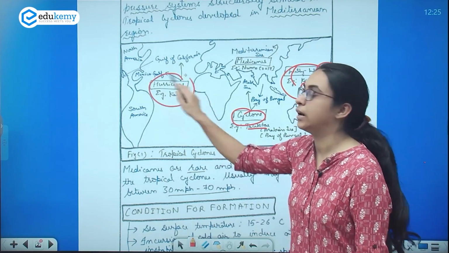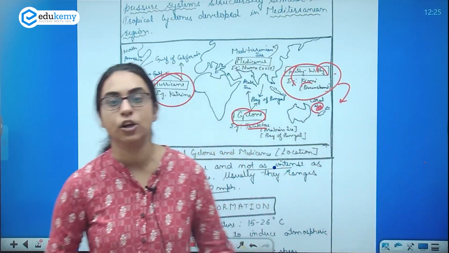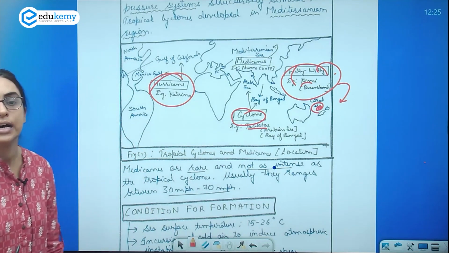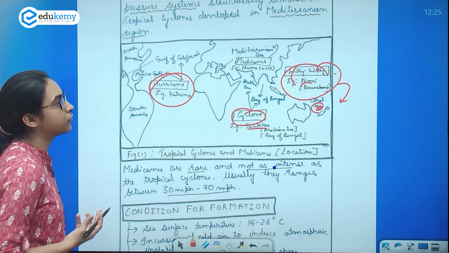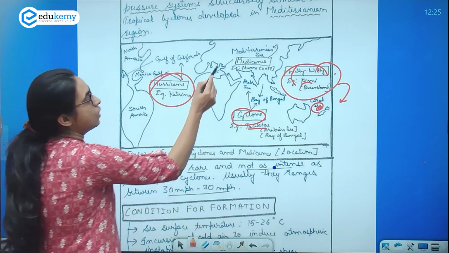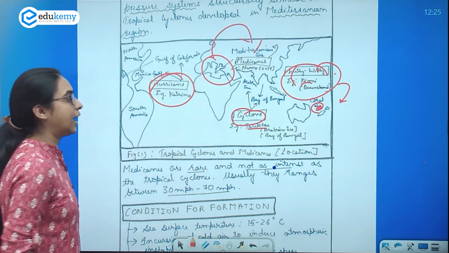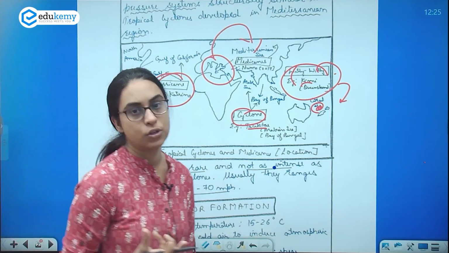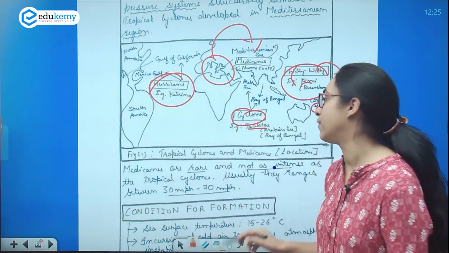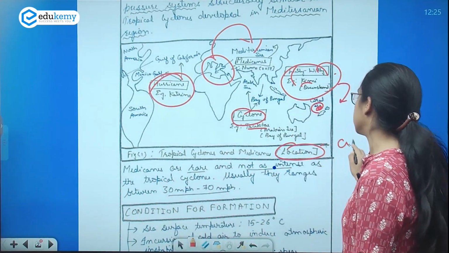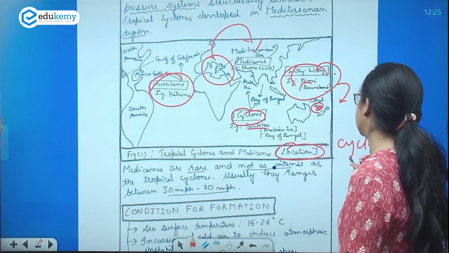This is where you have hurricanes, because in the Atlantic Ocean the tropical cyclones are known as hurricanes. An example is Katrina, and this is the place of the Medicanes.